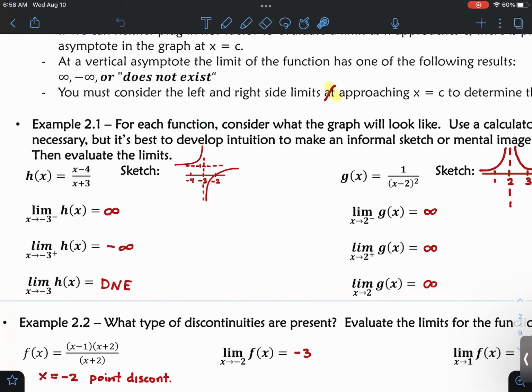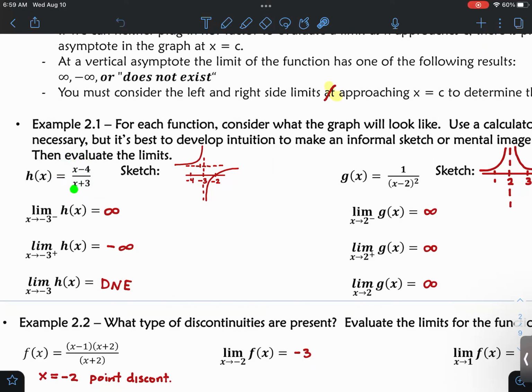You might also notice my sketch has what appears to be a horizontal asymptote, and those are actually also pretty easy to identify if you think about how your function behaves as you approach infinity or negative infinity. So I'm actually thinking of a limit of this function as x gets really, really big.